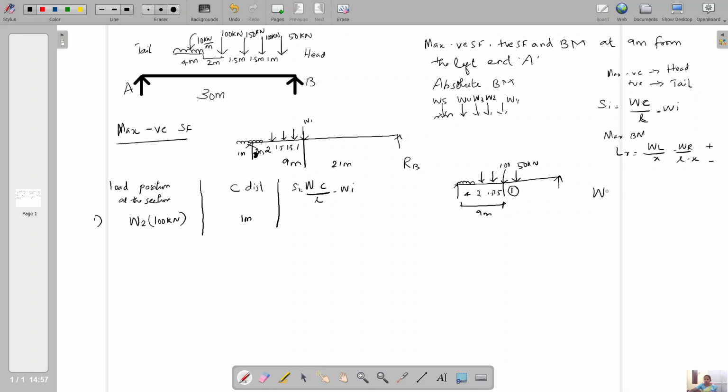The total W equals adding up all the loads 50, 100, 150 and 100, and for the UDL you should not add 10 kilonewton per meter; you should add the total load, 10 into 4. So 150 plus 50 is 200, 300 and 400. 440 is the total load, capital W. Now we can calculate 440 into the C distance 1 divided by 30 minus WI, which is 50.